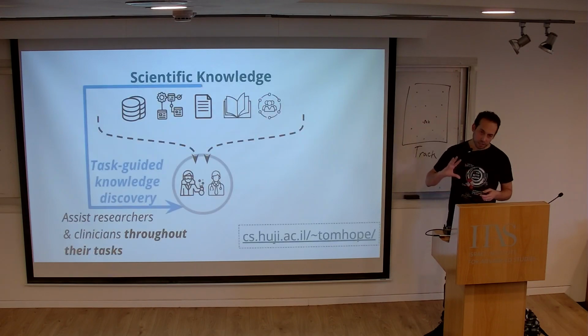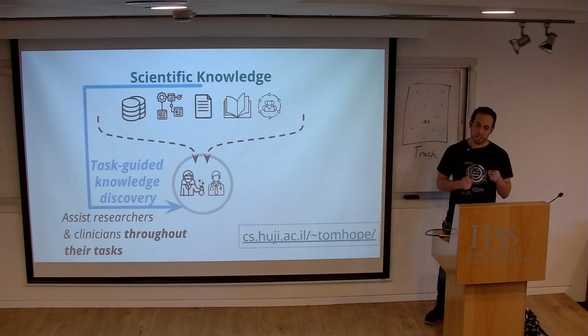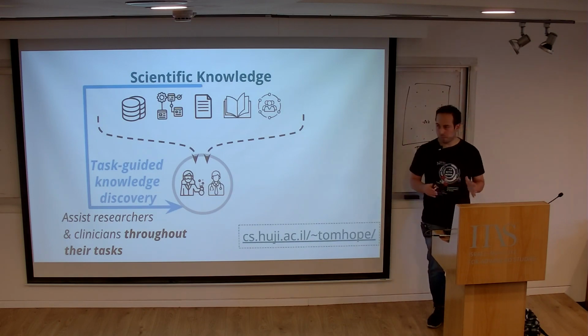This all ties back into the goal of helping researchers and clinicians throughout their diverse tasks, helping them find the knowledge they need and synthesizing it to help them with specific tasks and specific questions. And with that, I'm happy to take any remaining questions.